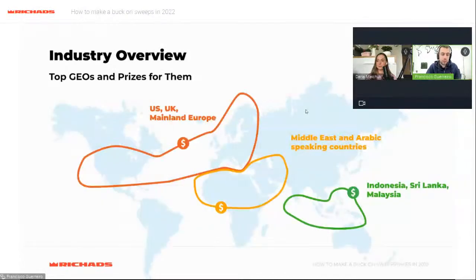Now, what are the top countries that at least we in Mobidea have seen gaining traction? If we split by tiers, I would say that in tier one, English speaking countries and mainland Europe have been quite strong, especially with credit card flow, which has been growing quite well recently.